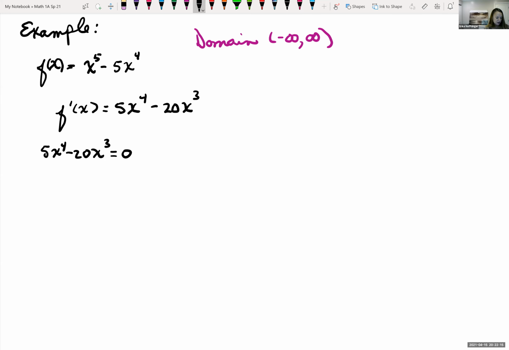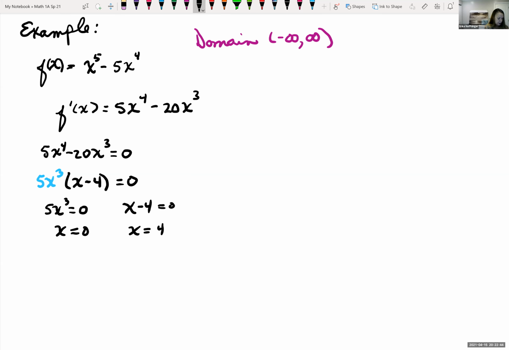I notice I can factor this. They both have a greatest common factor of 5x cubed. Pulling out 5x cubed from both terms, we're left with x minus 4 equals 0. Setting each factor equal to 0, 5x cubed equals 0 when x is 0, and x minus 4 equals 0 when x is 4.